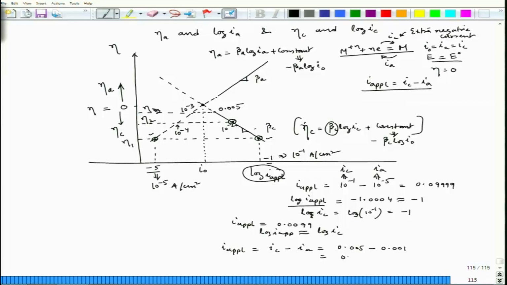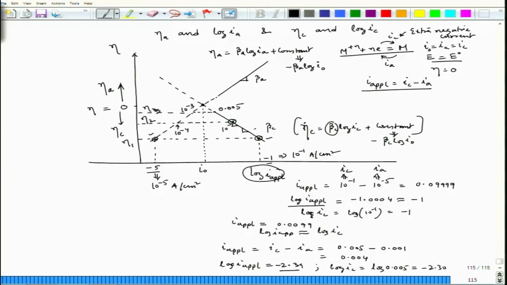So, then it becomes 0.004. So, log I applied equals minus 2.39, whereas log I C equals log 0.005 equals minus 2.30.